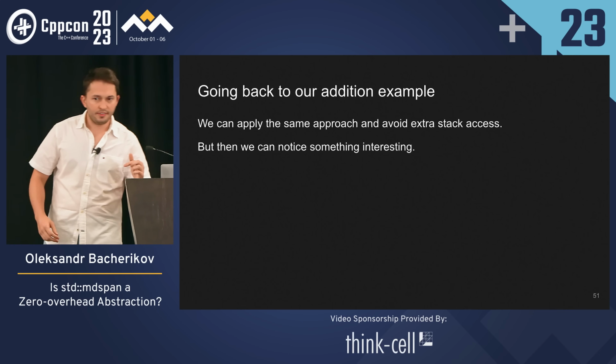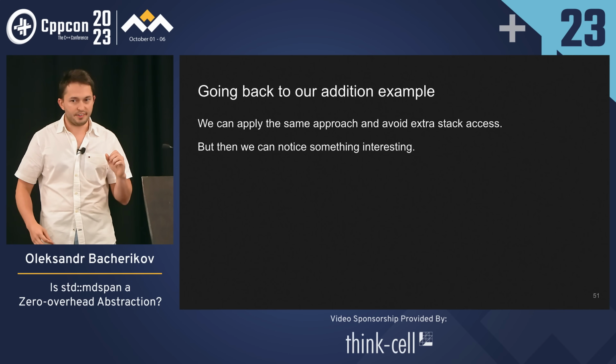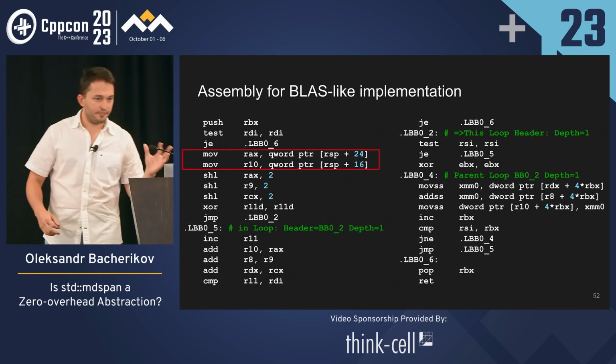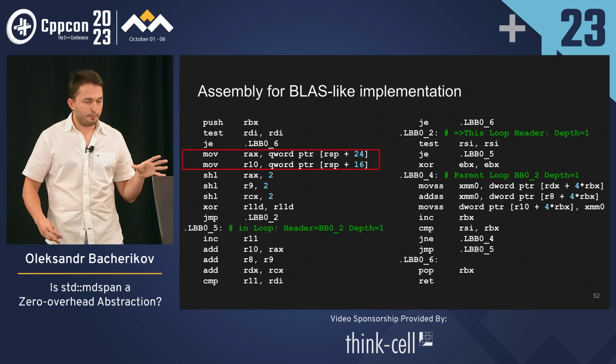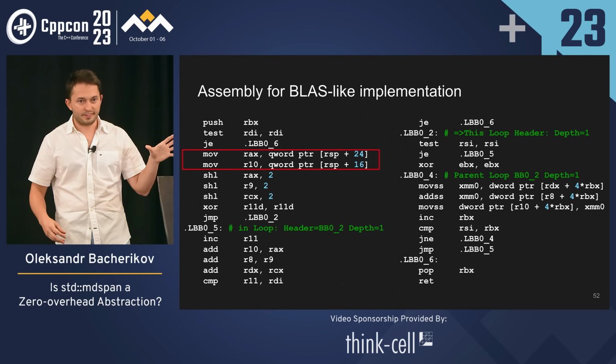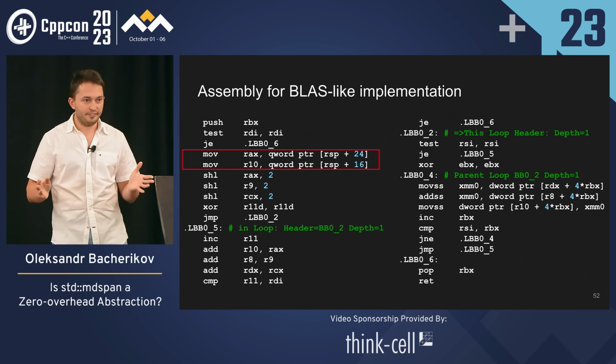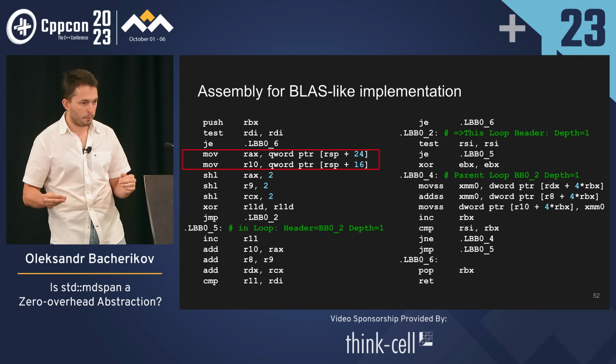But after doing this, I noticed something interesting. If you look even at the original implementation with just row pointers and sizes, it still has some stack access. And why is that? We're not even using any abstraction.